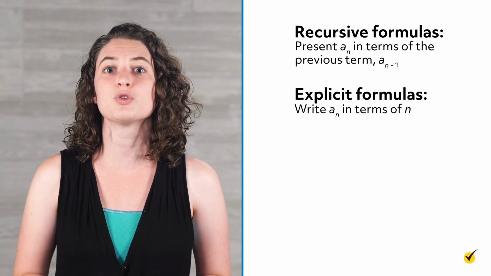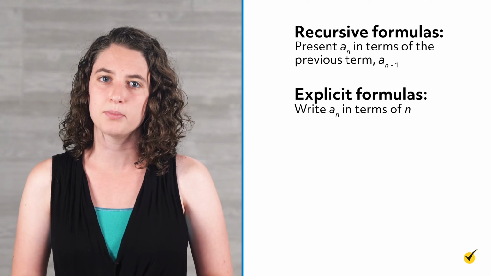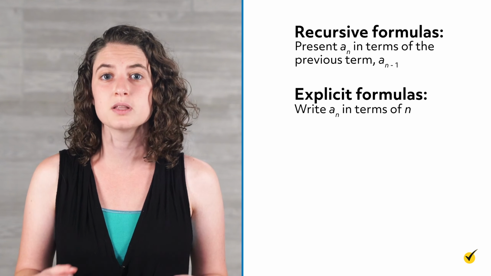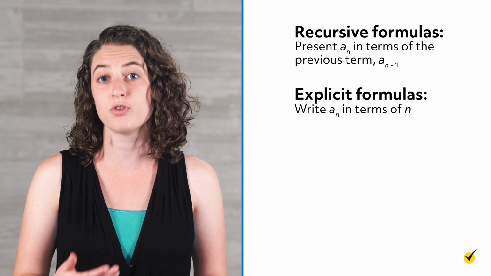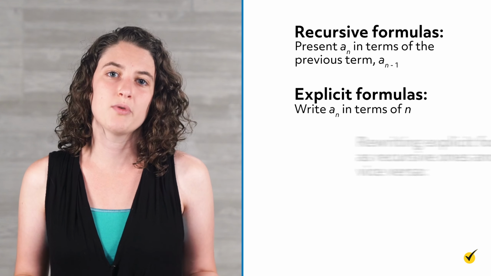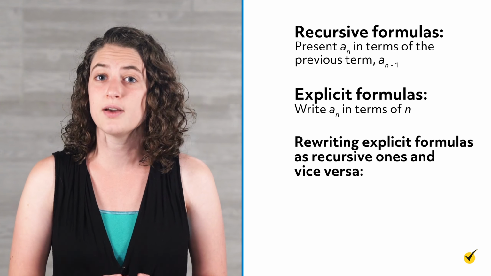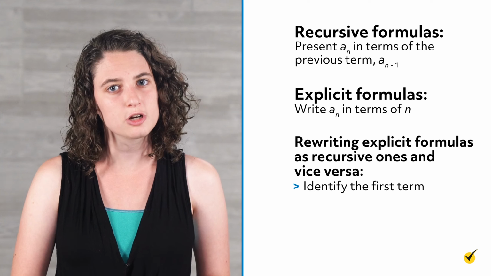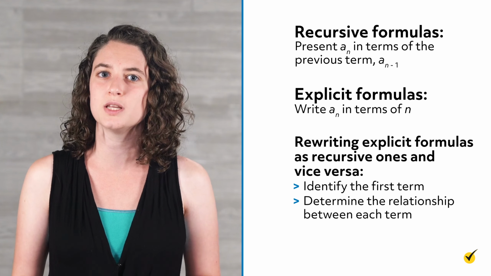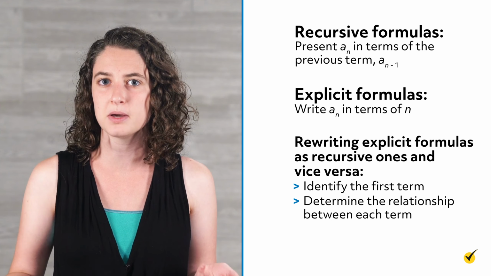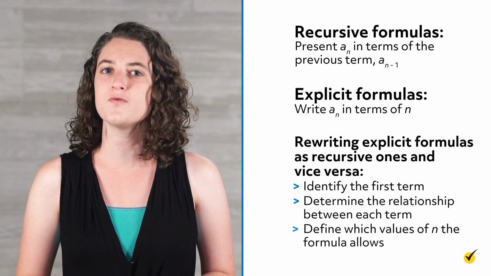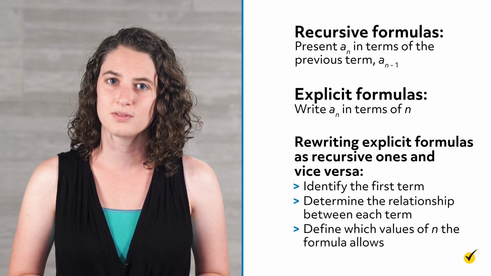Both types of formulas require defining which values of n they apply to, but recursive formulas also require you to define what the first term is. To rewrite an explicit formula as a recursive one and vice versa, identify the first term, determine the relationship between each term in either n or a sub n minus 1, and define which values of n the formula allows.